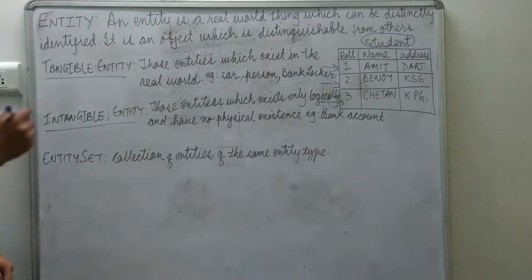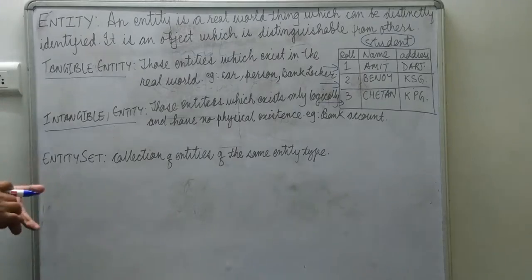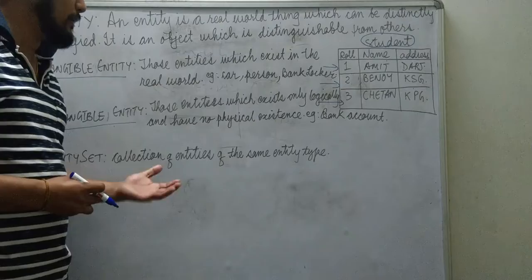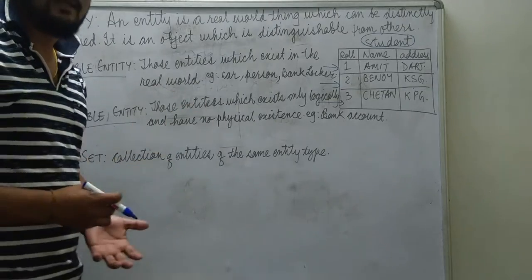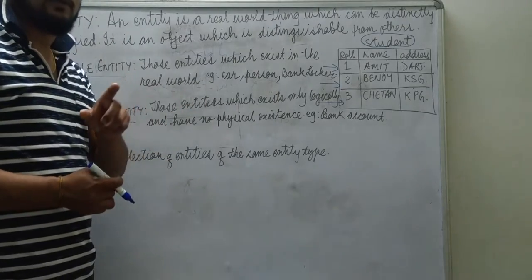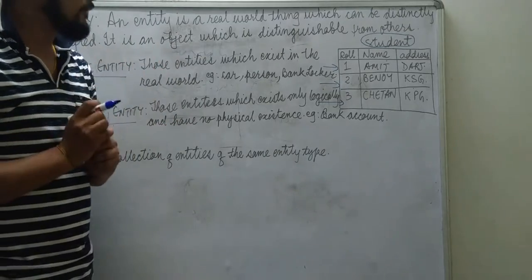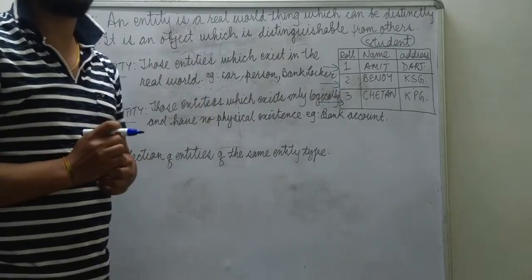Next is intangible entity. Those entities which exist logically and have no physical existence. The object which we cannot touch, which does not exist in the physical world. For example, a bank account.